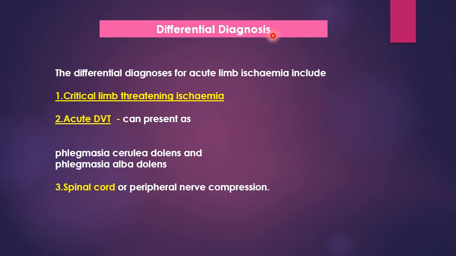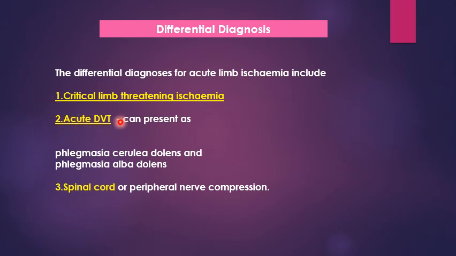Differential diagnosis for acute limb ischemia include first critical limb ischemia, limb threatening ischemia, which we have discussed earlier. That's the most important differential diagnosis to recognize before treatment is immediately administered. Second one is acute DVT.